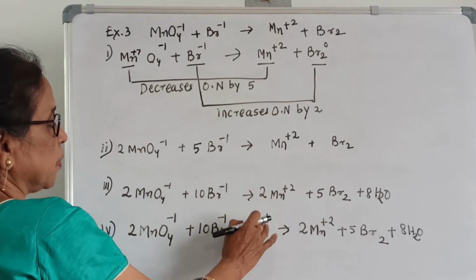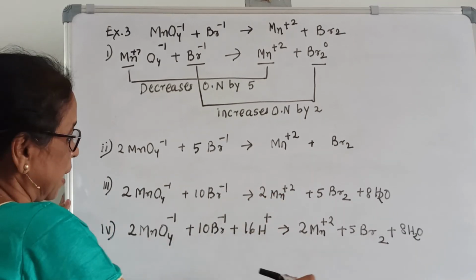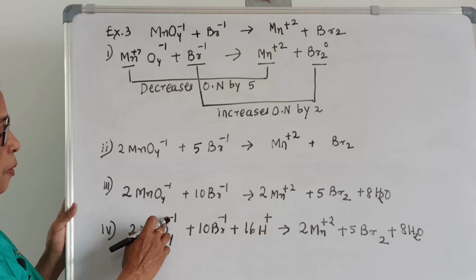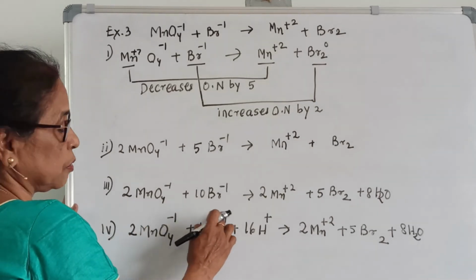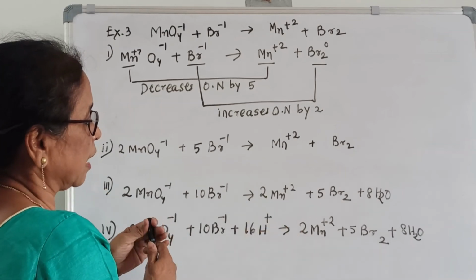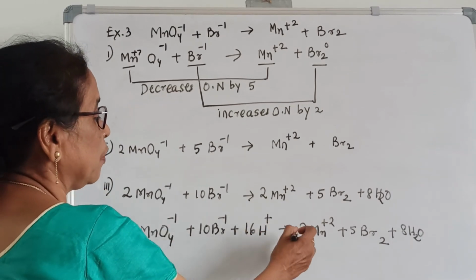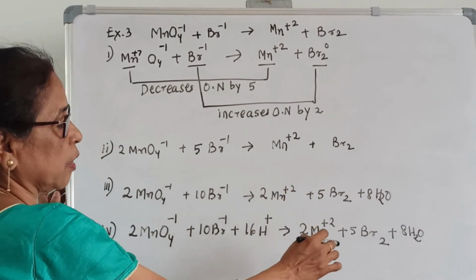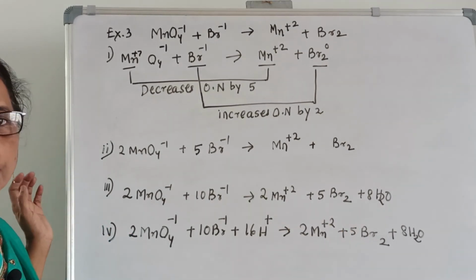Now it is totally balanced. You can check 2 MnO4 minus 1, 10 Br minus 1, 16 H plus, arrow mark. Now the arrow mark can be changed to an equal mark, and 2 Mn plus 2, 5 Br2 plus 8 water.